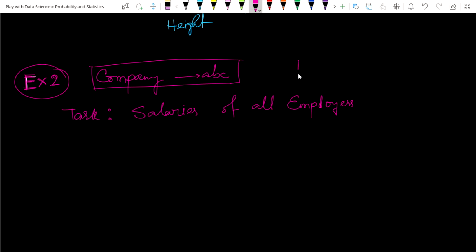If the company has 1 lakh employees, then collecting the individual data from all of them is time-taking and resource-taking, so it is not possible. Similarly, here we can do this job. Suppose our task is that I have to give the answer.